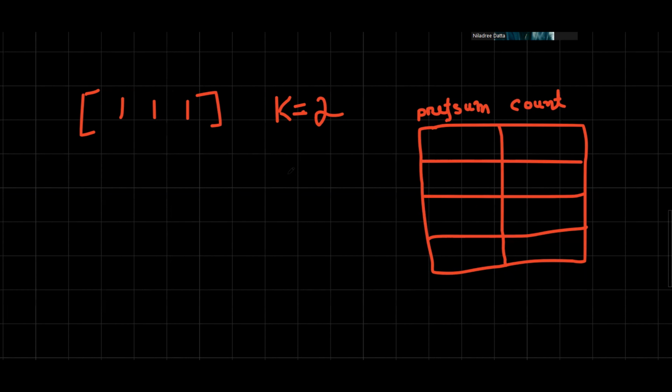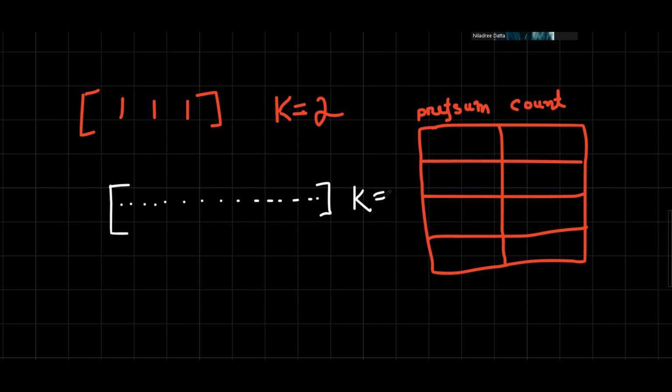Now here, let's try to understand the intuitive approach clearly. Suppose we have several numbers, dot, dot, dot. Suppose our array has these several numbers. Now, suppose the value of k is 3.